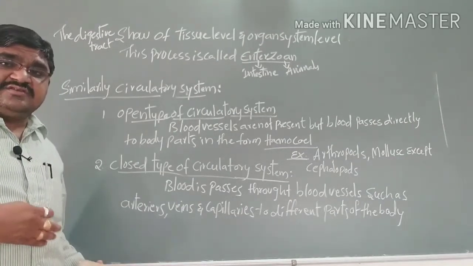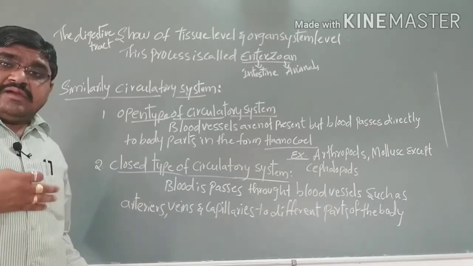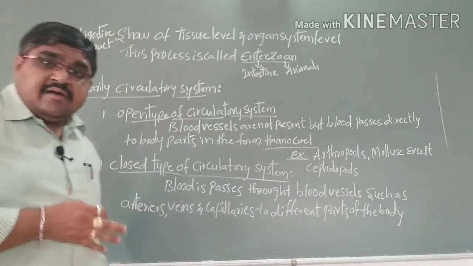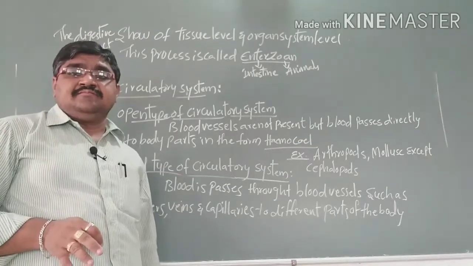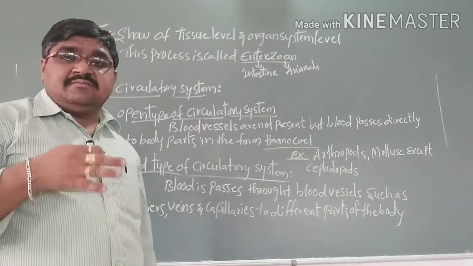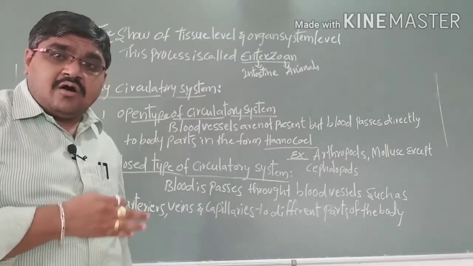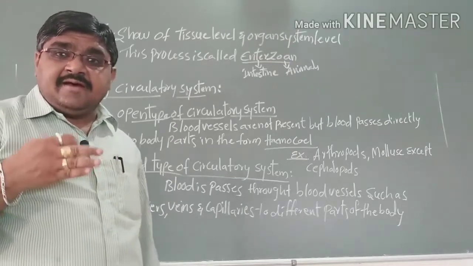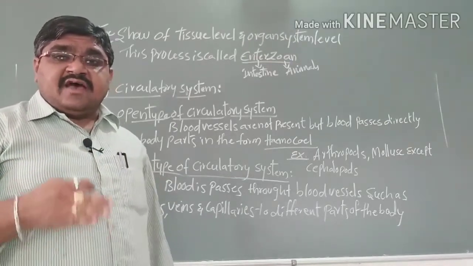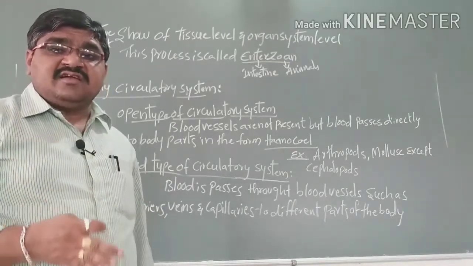That means the blood is carried through the blood vessels to different parts of the body in the form of arteries, veins and capillaries. Such a circulatory system we call the closed type of circulatory system.